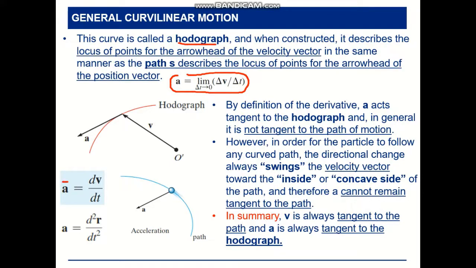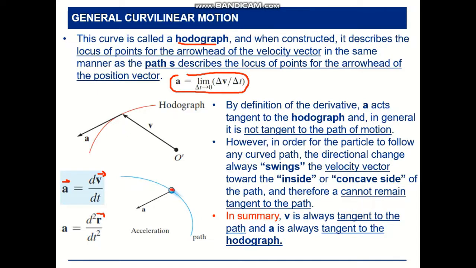So the acceleration is equal to the first derivative of velocity or the second derivative of position. By the definition of the derivative, acceleration is tangent to the hodograph, and in general it is not tangent to the path of motion.